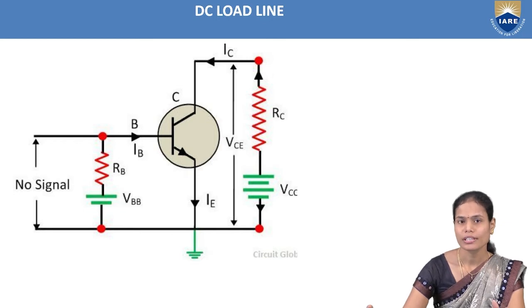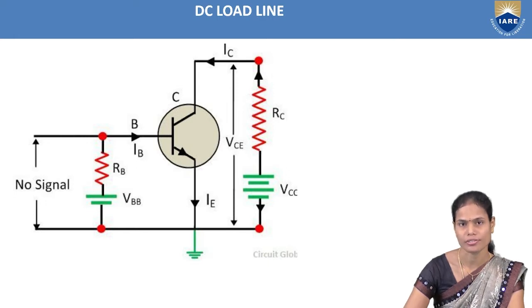Once we say it is an amplifier, we have to operate the transistor in the active region of operation. Generally, a transistor will operate in cutoff region, saturation region, as well as active region. But in order to operate as an amplifier, we need to provide the biasing conditions for the active region.